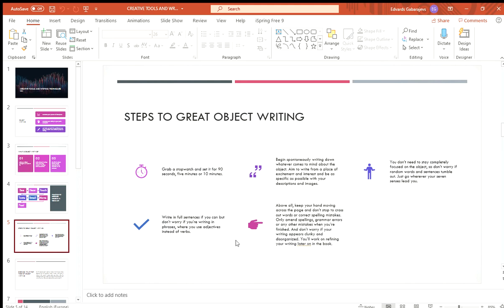It has strict limitations, which makes it an exercise you could practice daily. So keep your hand moving across the page, and don't stop to cross out words. You don't need to edit anything at this point when you write. After you're done, you can edit, but you don't need to do anything right now while you write.